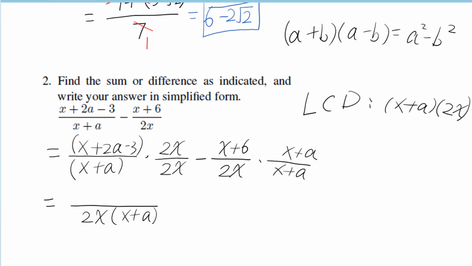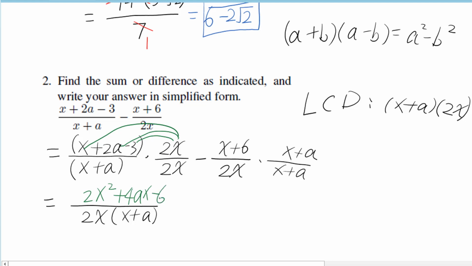Then you will do distributive property here. So x times 2x, that will be 2x squared. 2a times 2x, that will be 4ax. Negative 3 times 2x will be negative 6x. Then subtract, with 2x times x plus a as a denominator.